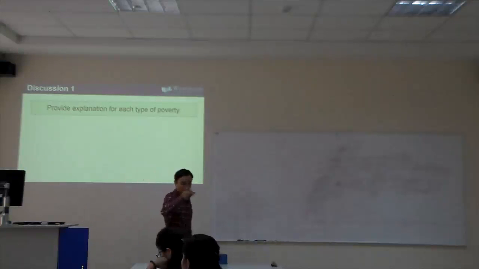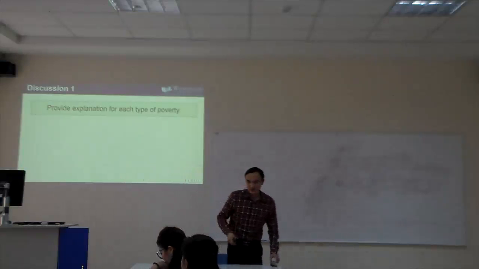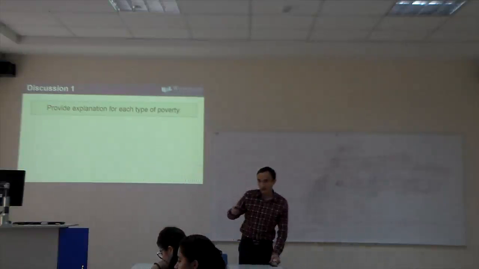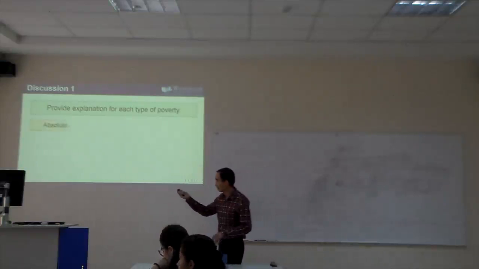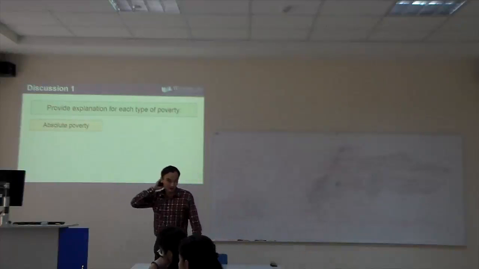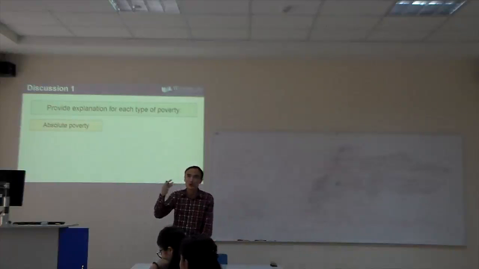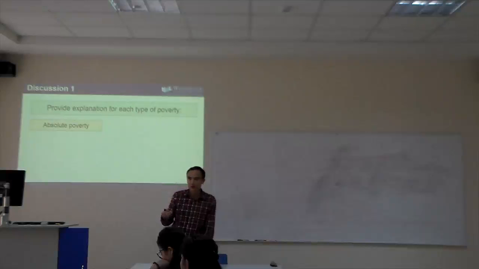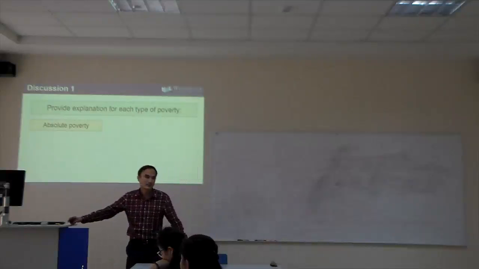As we have already discussed during the lecture, there were several types of poverty, and the first one was absolute poverty. Now, can you tell me what absolute poverty is, and how do we define it? Which group of people belong to that group?